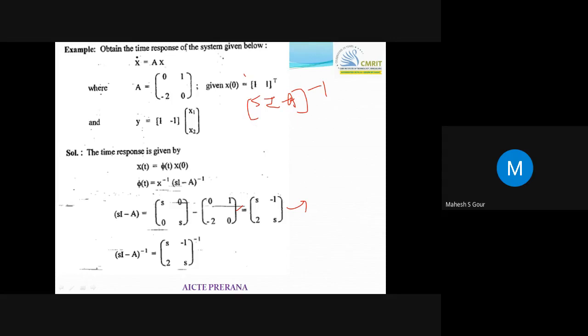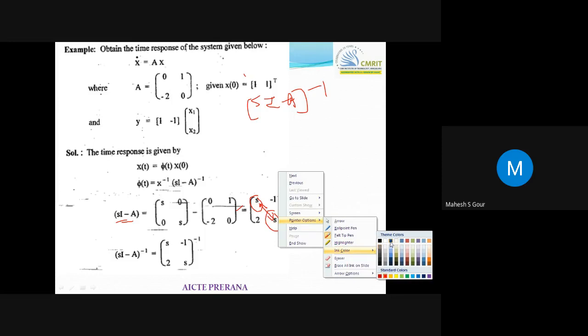So this is your sI minus A. How to take the inverse? Do you know any shortcuts? For a 2 cross 2 matrix, the shortcut is to interchange the first and fourth elements, and for the second and third, keep the positions but interchange the signs.